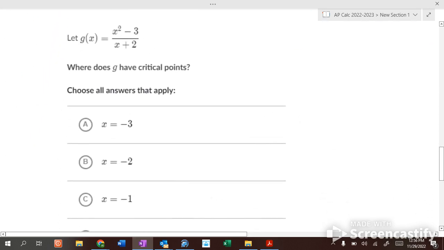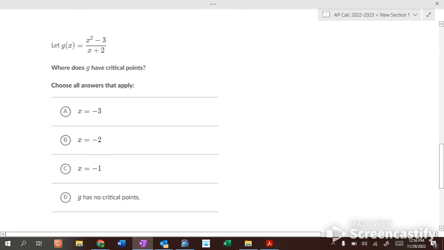This one tripped me up. It looks easy, but it's not quite so easy. So on this one, do we have any undefined points going into the problem? -2 is undefined. So we're undefined at x equals -2. Now, find the first derivative. How do we find the first derivative?